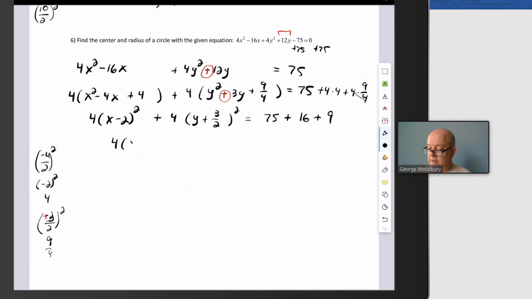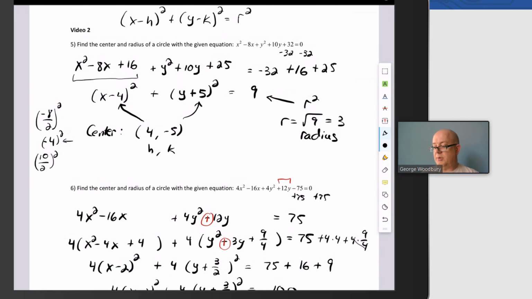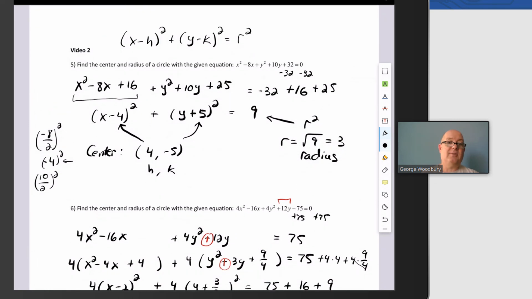Let's write this again on the next line. 4 times x minus 2 squared plus 4 times y plus 3/2 squared equals 75 plus 16 plus 9 adds up to be 100. This is still not in the correct form. Remember the correct form, let me scroll to the top of the page, right? It's x minus h quantity squared, not some number times that.